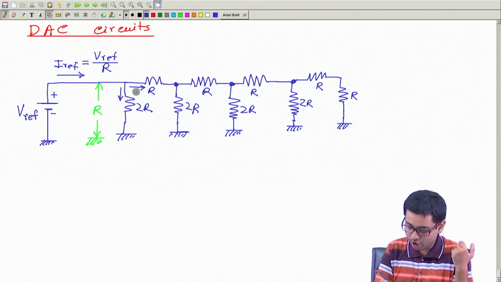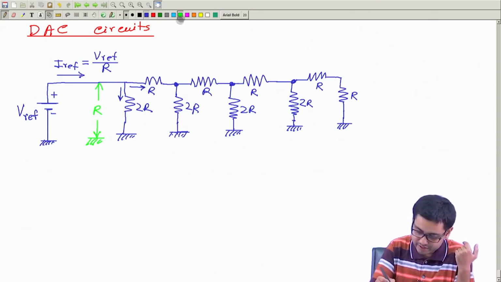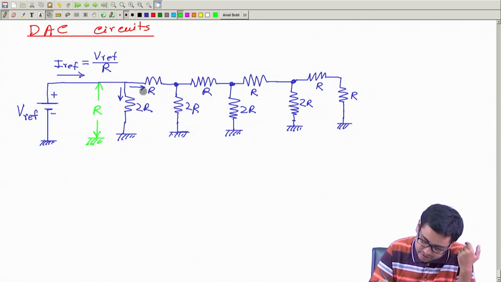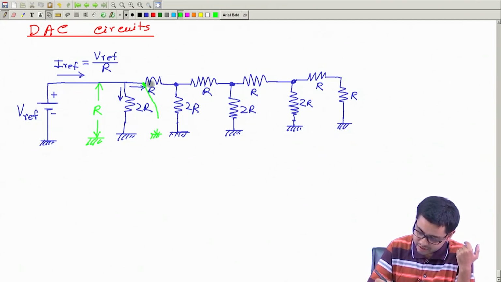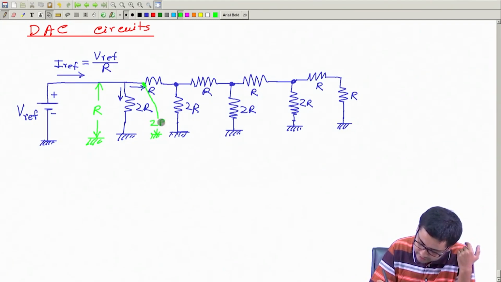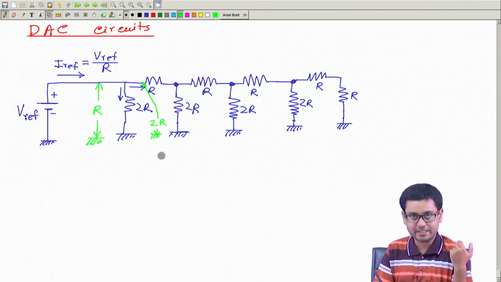That depends on this resistance and the total equivalent resistance between, say, these 2 points. If you calculate, the total equivalent resistance between these 2 points will be 2R. That's how we did it.